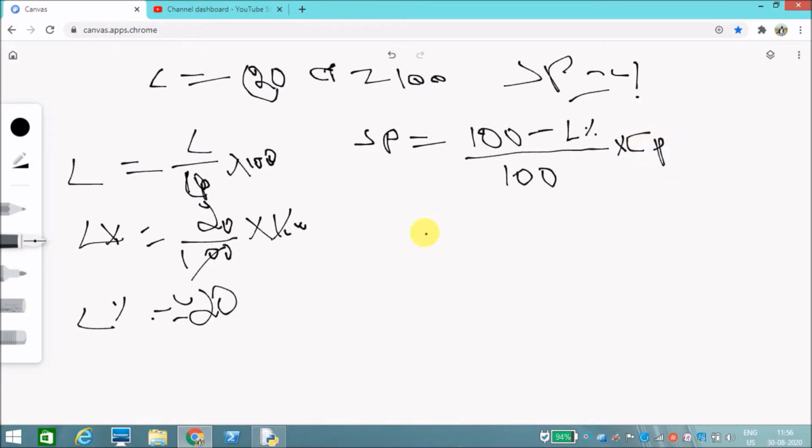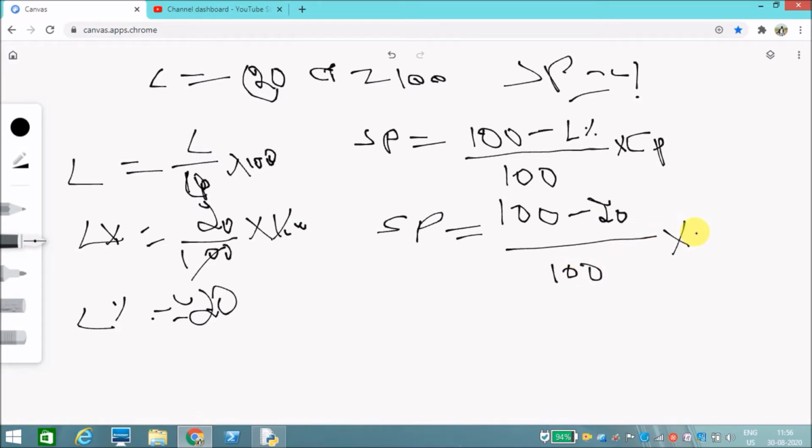Selling price is equal to 100 minus loss percentage. How much is the loss percentage? 20, divided by 100 into, what is the cost price? 100.